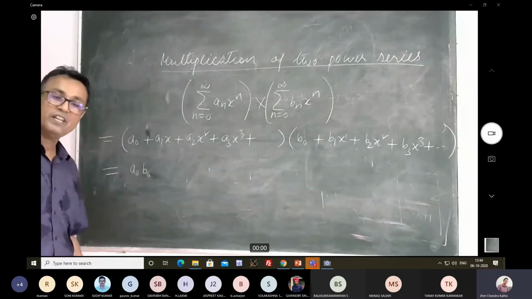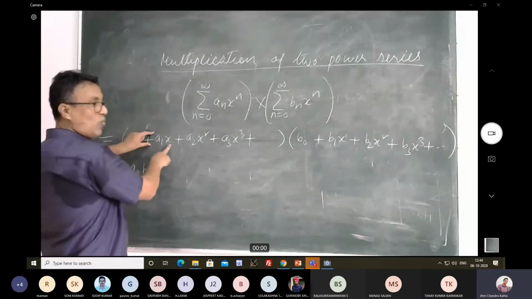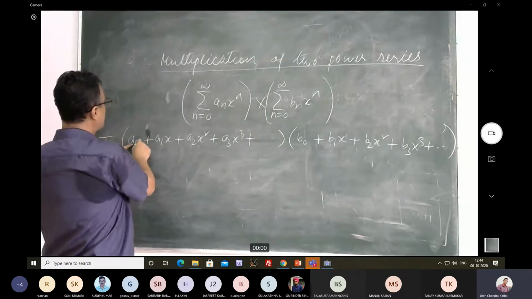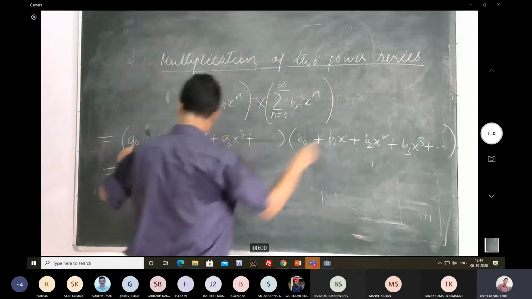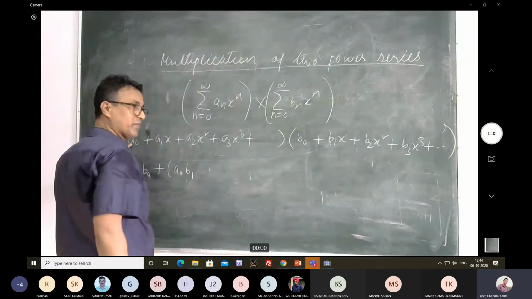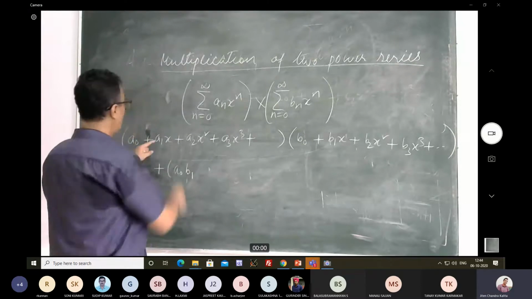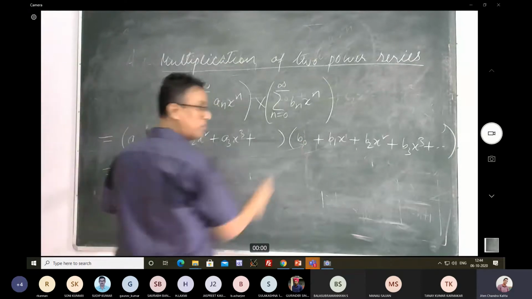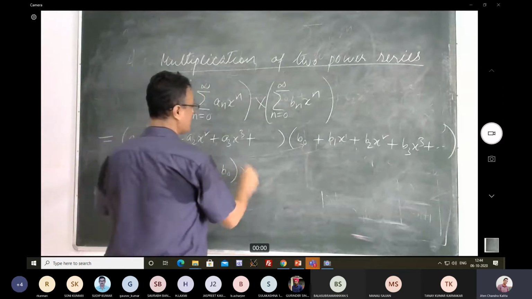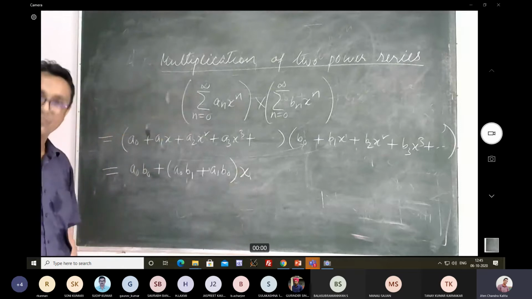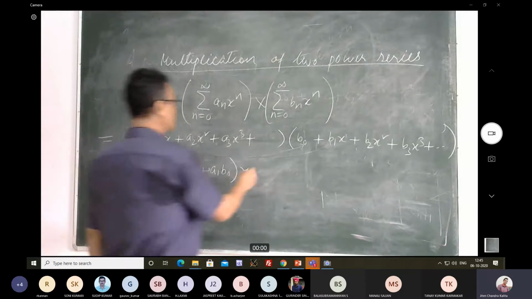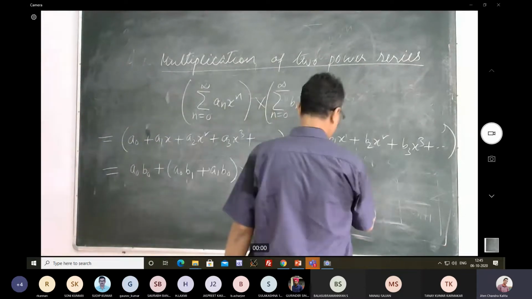Then for x to the power 1, a0 b1 and then a1 b0, multiplied by x.